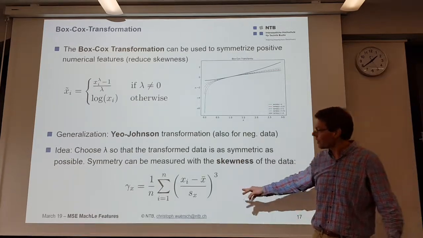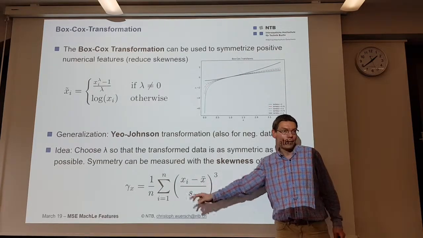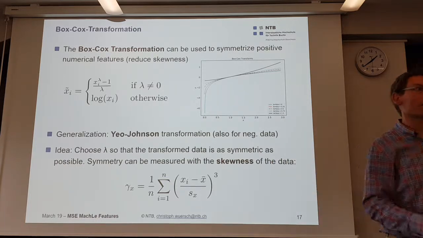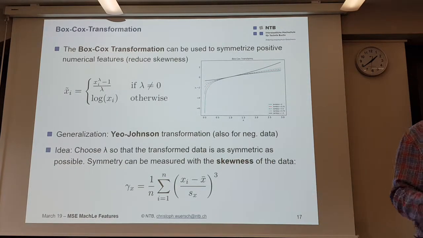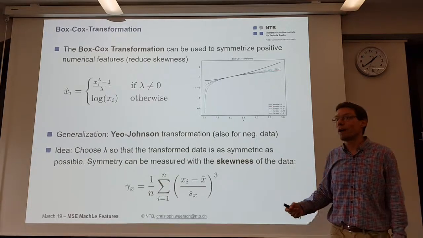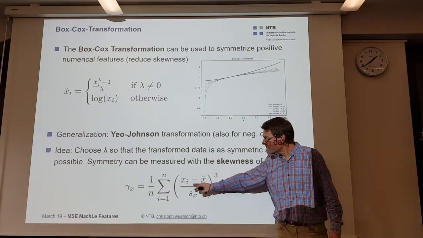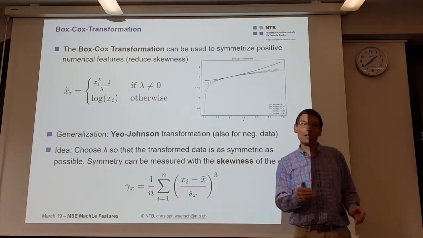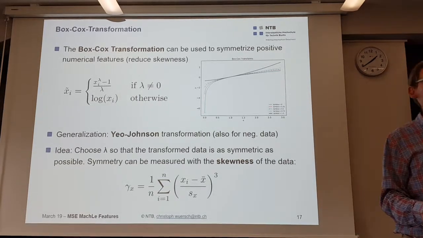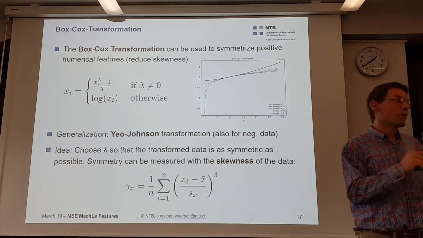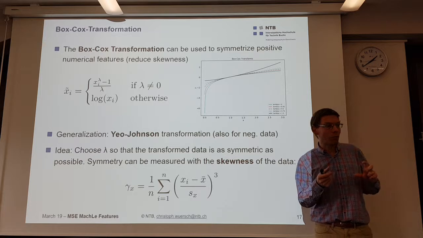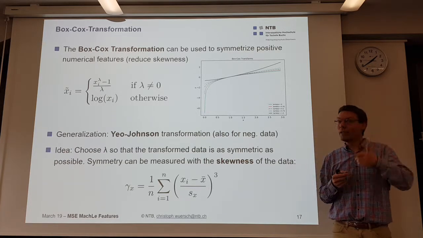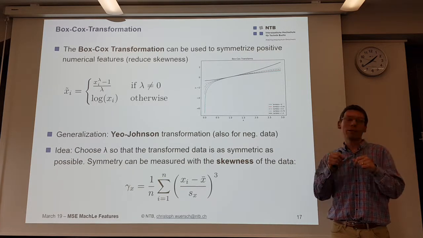This asymmetry is measured by the skewness, which is the third statistical moment, so the third power. It's not the variance; the variance is symmetric. The third moment weights things which are higher than the mean and lower than the mean with different signs, and you get down to skewness. And an NP array already has the method skew.